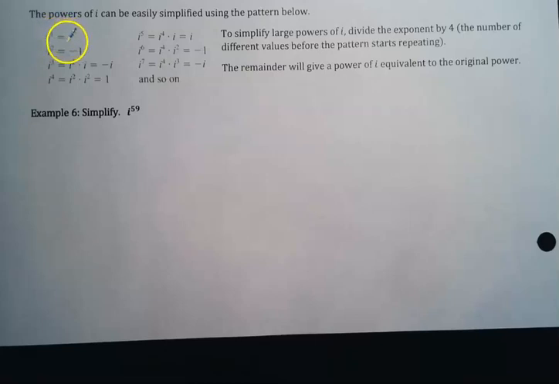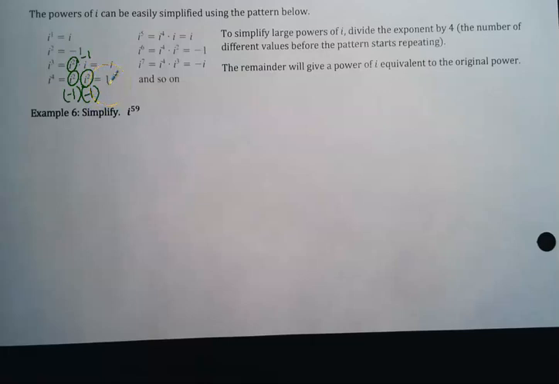Okay, great. i squared equals -1, which we know. i cubed is equal to i squared times i, but we know i squared is -1, so that equals a negative i. i to the 4th is equal to i squared, which is equal to -1, times i squared, which is equal to -1. So -1 times -1 equals a +1.